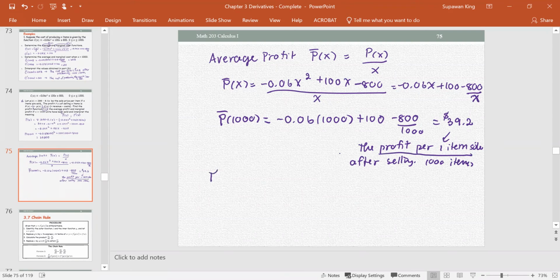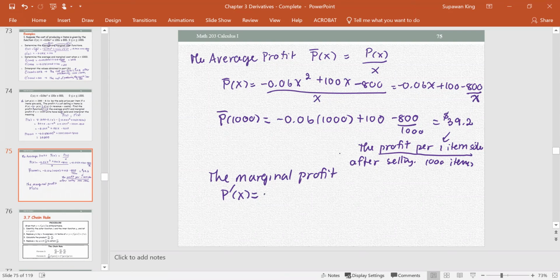Next one, the marginal profit, which is P prime of x, or the derivative of the profit function. Recall the profit function is negative 0.06 x squared plus 100x minus 800.